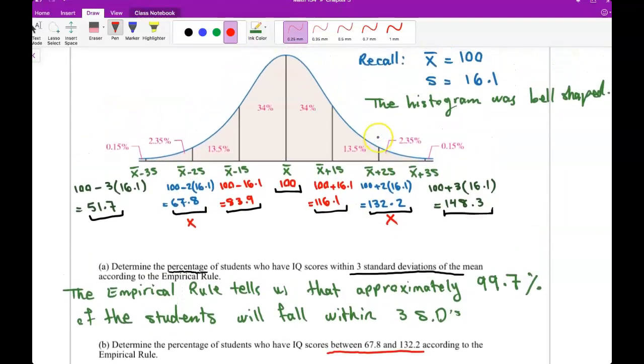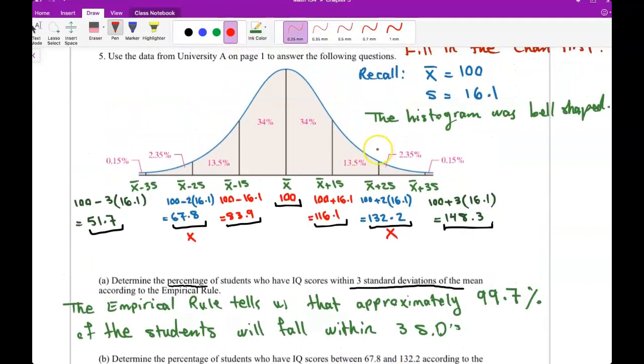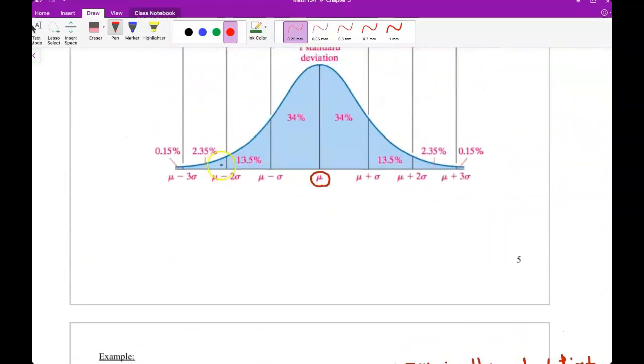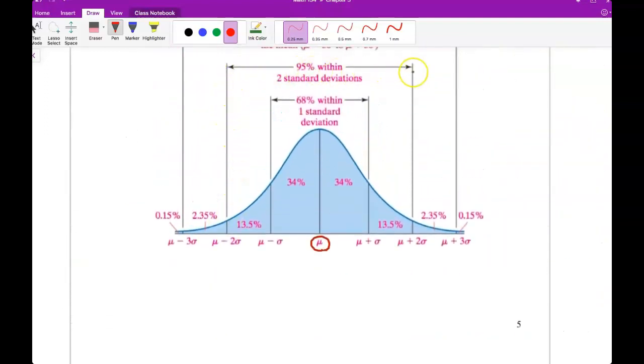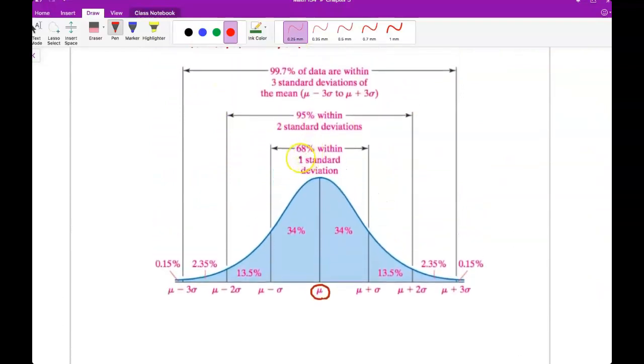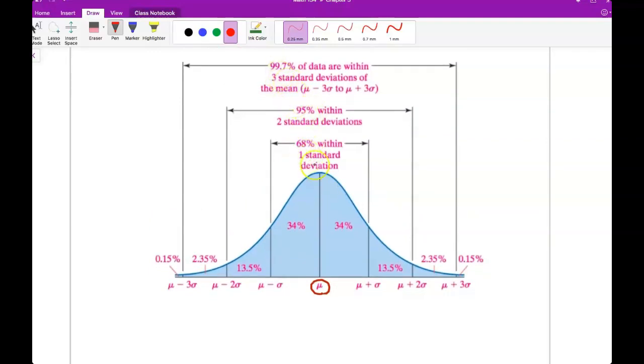The percentage for that part is not changing. Always you have 34%, 34%, here is 13.5, 13.5, here is 2.35, 2.35. These numbers will not change at all. Within 2 standard deviations, if you forgot what that percentage was, you can add all these 4 numbers, which is equal to 95%. Within 2 standard deviations, we always have 95%. Make sure to remember all these numbers, they are important.